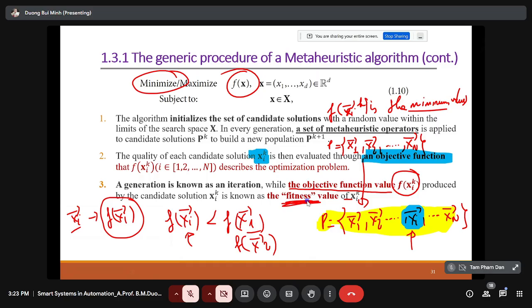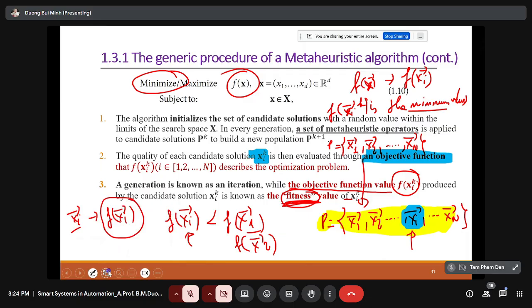The value of the objective function is sometimes called the fitness value. So you can get the fitness value of xi, or the objective function value. Sometimes we say objective function value, sometimes just fitness value. When you follow this course, you will understand.